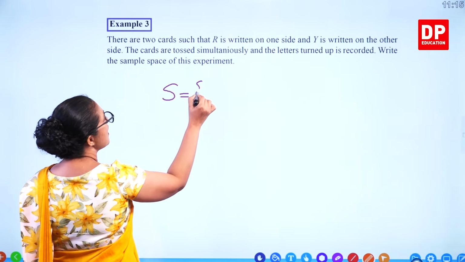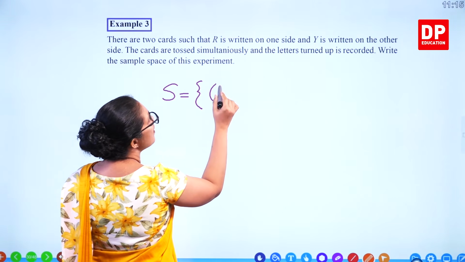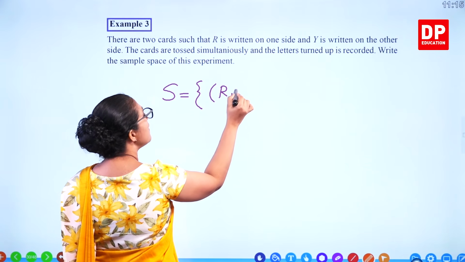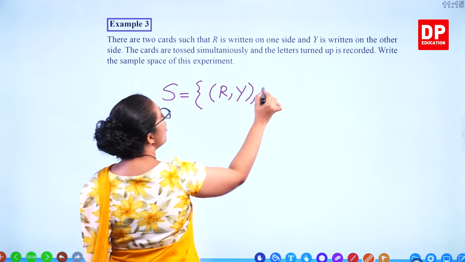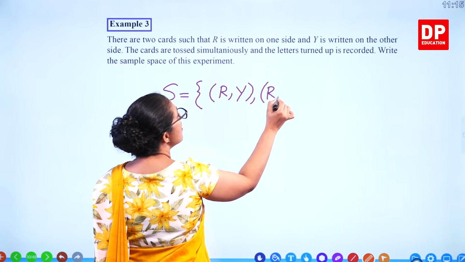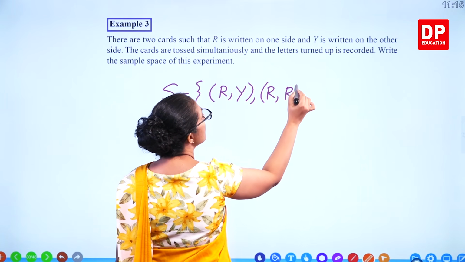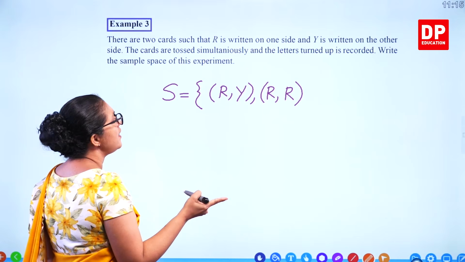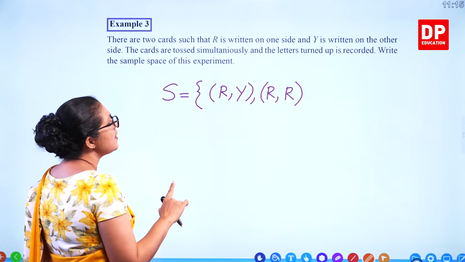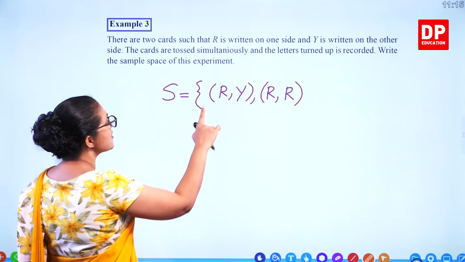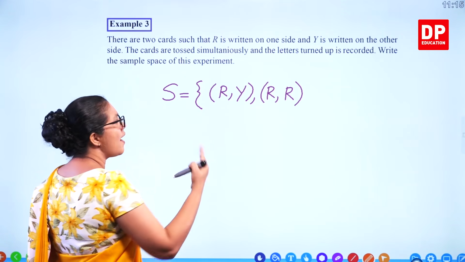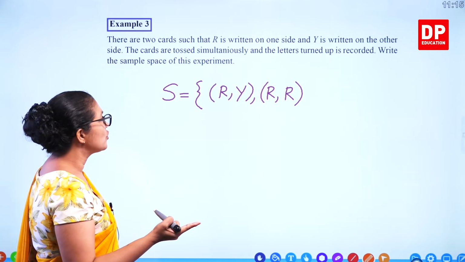So you can get, in one card you can get R and the next one Y. Or R with R. Red with red, Y with R. Or first card Y and the second card red, also possible.